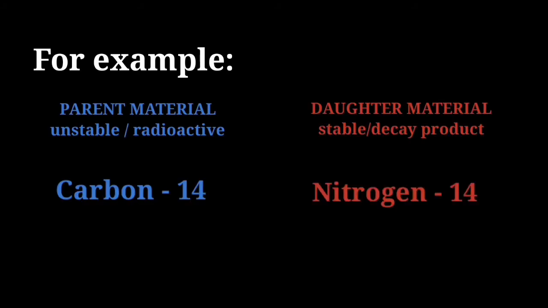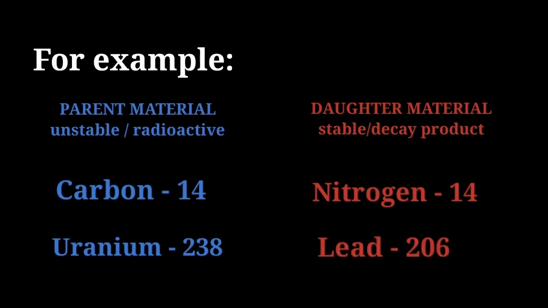It will decay into nitrogen-14, which is stable. Here's another example: uranium-238, which is radioactive or unstable, will decay into lead-206, which is stable. As I mentioned, carbon-14 and uranium-238 are called parent materials, while nitrogen-14 and lead-206 are the daughter materials.